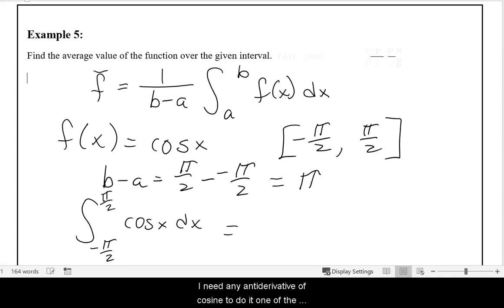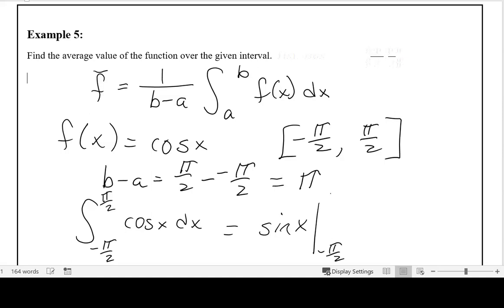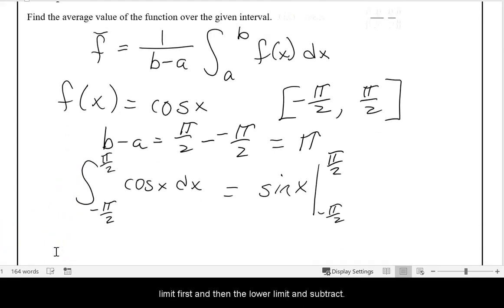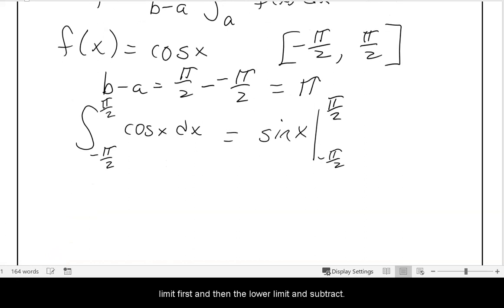I need any antiderivative of cosine to do it. One of the antiderivatives of cosine is sine x. This is the one where the constant is 0. I'm going to take sine x and plug in the limits of integration. When I do this, remember that I always plug in the upper limit first and then the lower limit and subtract.